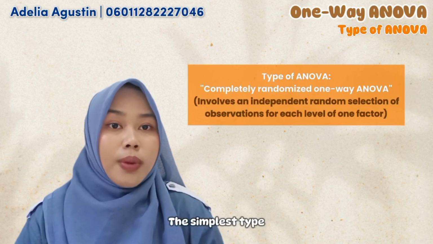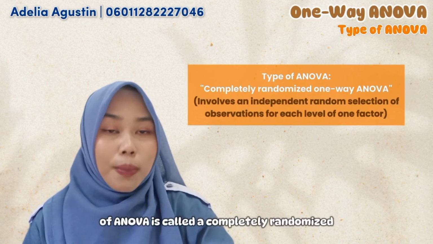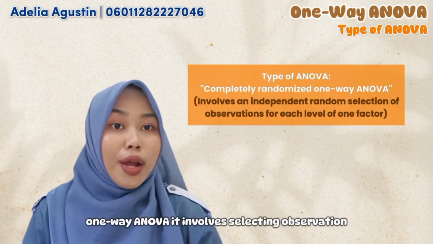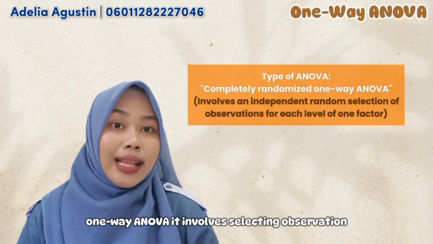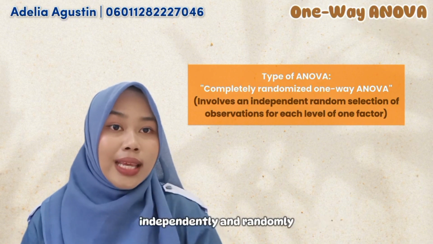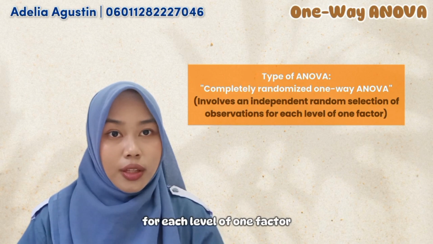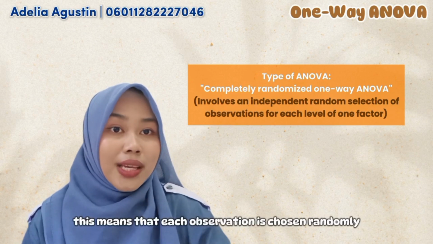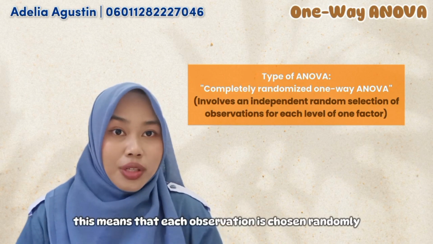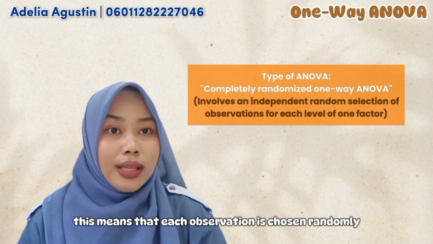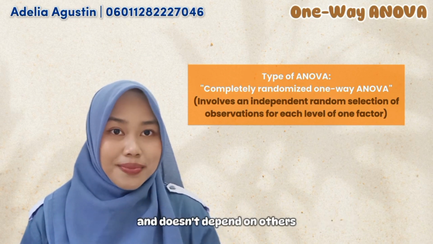The simplest type of ANOVA is called a completely randomized one-way ANOVA. It involves selecting observations independently and randomly for each level of one factor. This means that each observation is chosen randomly and doesn't depend on others.